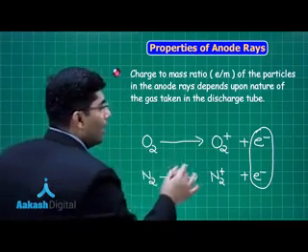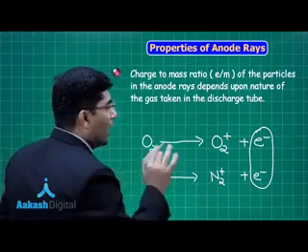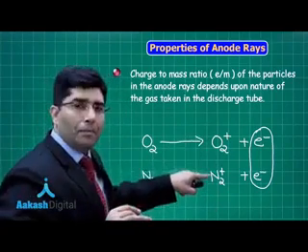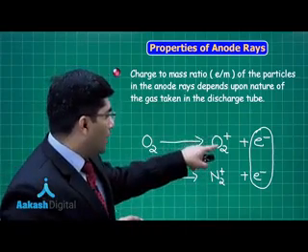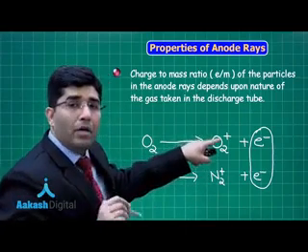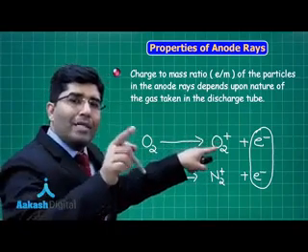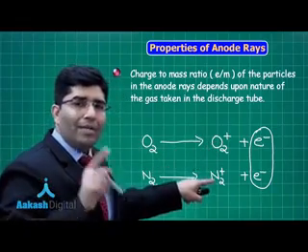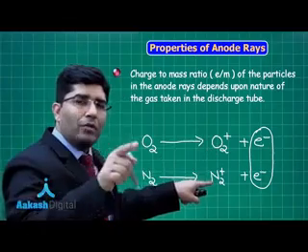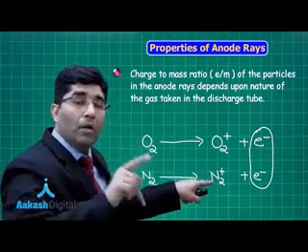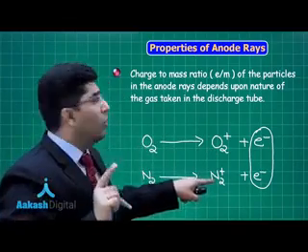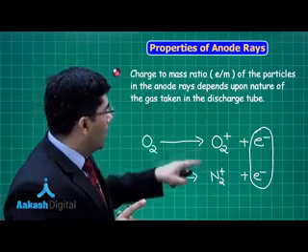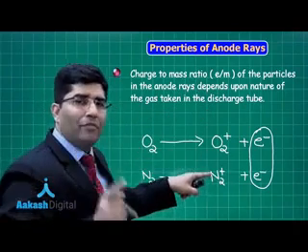If we find the e/m value, meaning charge by mass value, their charges are the same. The charge on the oxygen ion is plus 1.6 times 10 to the power minus 19 coulomb. For the nitrogen positive ion, it is also plus 1.6 times 10 to the power minus 19 coulomb, but their masses are different. So when we find the charge by mass ratio, they will definitely differ.